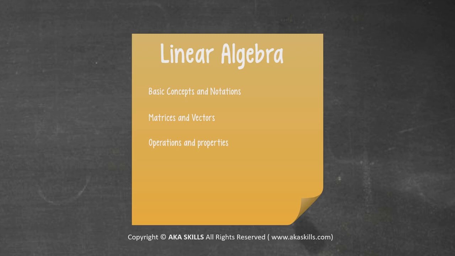So it's gonna be basic concepts and notations, matrices and vectors, some operations on matrices and vectors, and properties of these matrices and vectors. And also I'm gonna introduce you to the world of R and Python in this chapter, like how to create matrices and vectors and how to deal with them in R and Python.